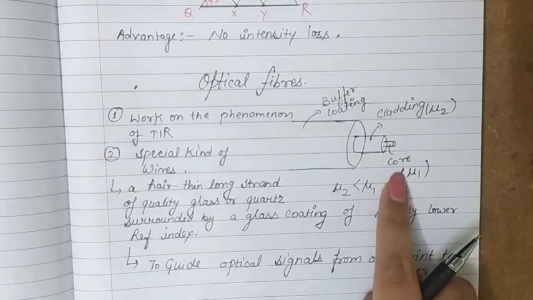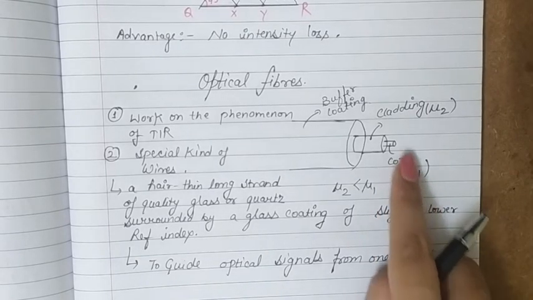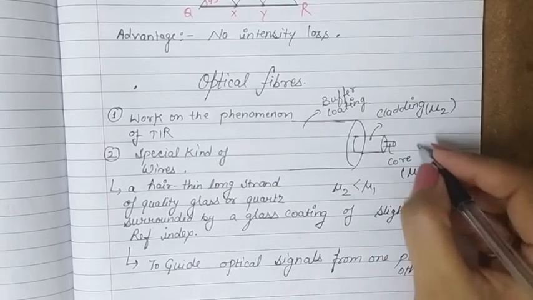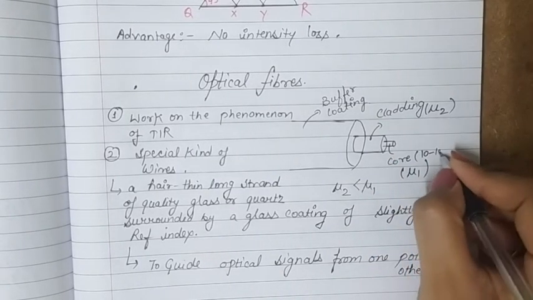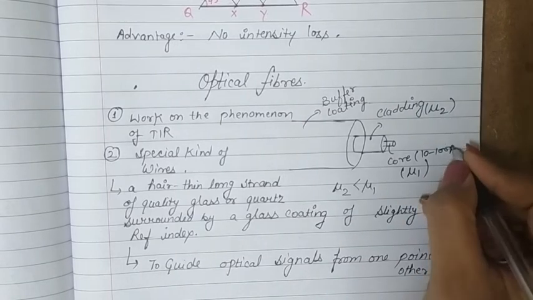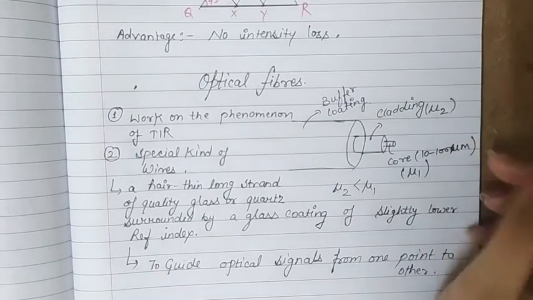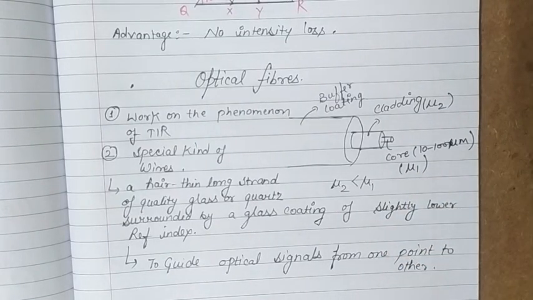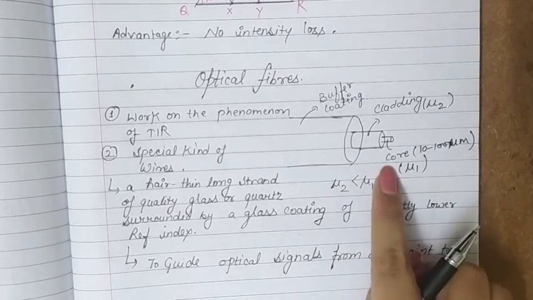It can be glass, silica or plastic of some refractive index mu1, and its diameter is about 10 to 100 micrometers. This is the range of its diameter, and it is made up of high quality glass, silica or plastic with some refractive index mu1. This is the central region, we know it as core.